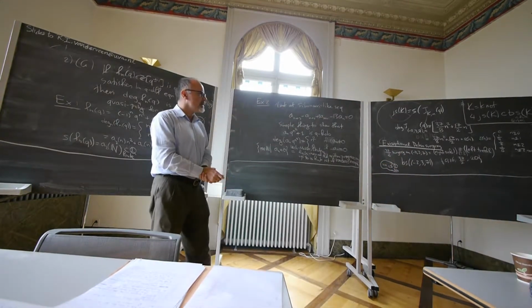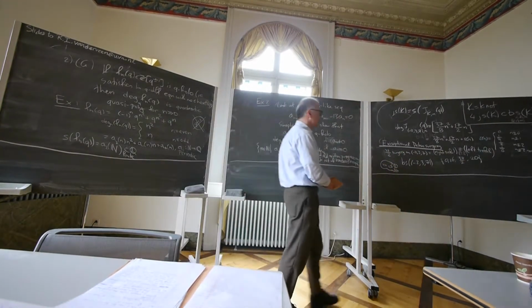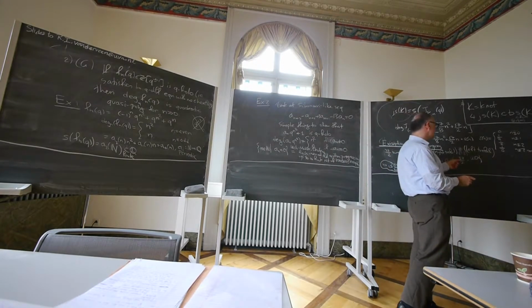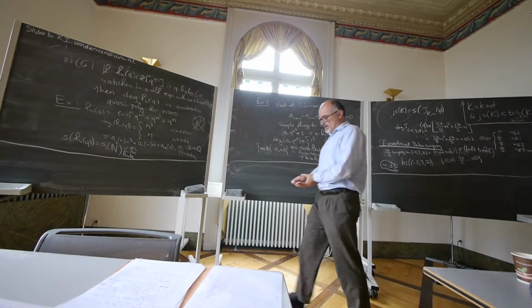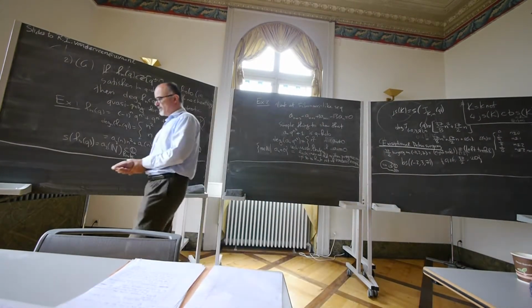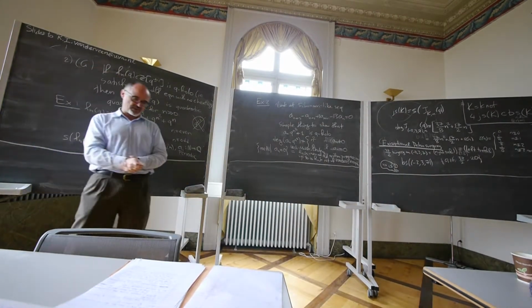So I said, okay. He also told me that there is exceptional Dehn surgery with the numbers 16 and 20, and a few other things. So I said, okay, fine.